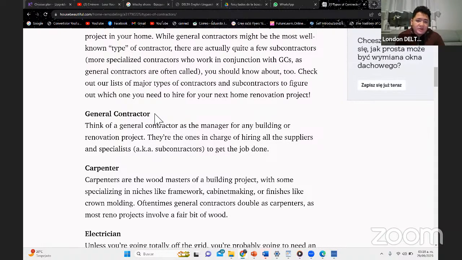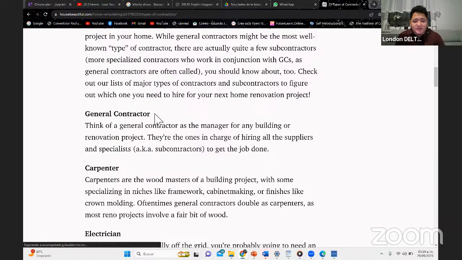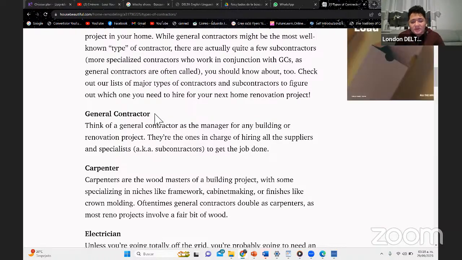They hire suppliers, specialists. These are the subcontractors. You contract a company that is in charge of everything, and you forget about doing the job or hiring many contractors.